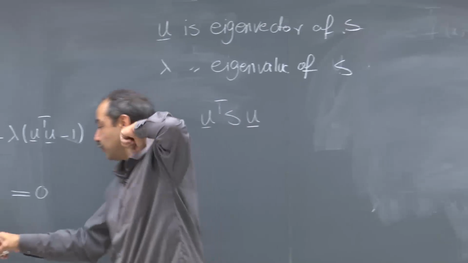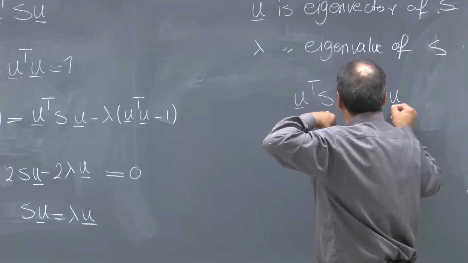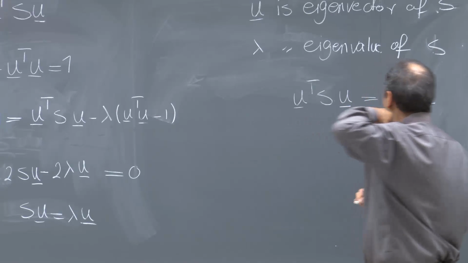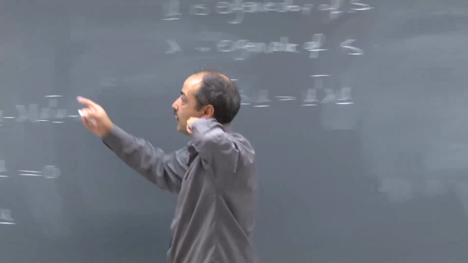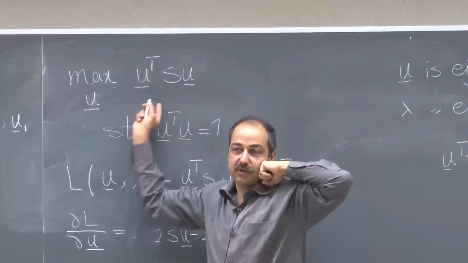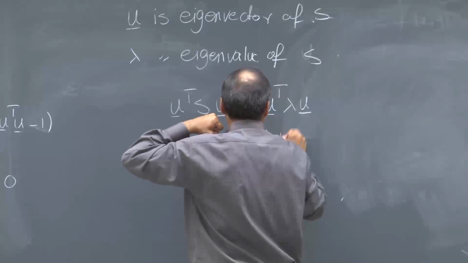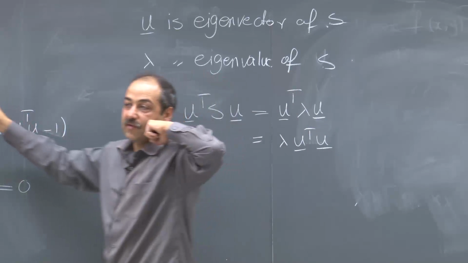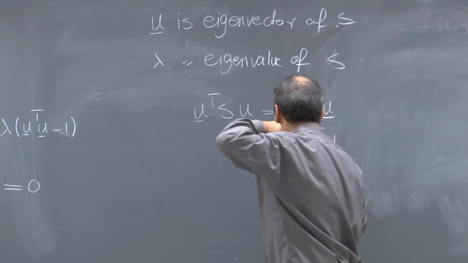But I know SU is lambda U. So for any eigenvector and eigenvalue pair, U transpose lambda U would be the value of this objective function. And lambda is a scalar, so it's going to be lambda U transpose U. But U transpose U is 1. So it's lambda.